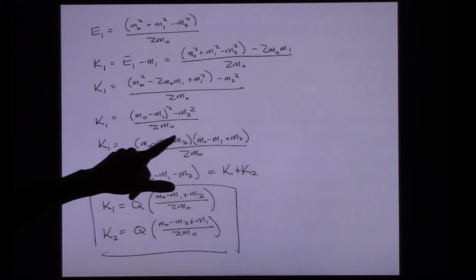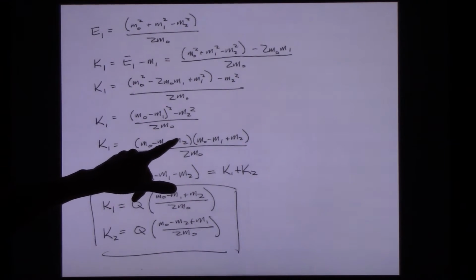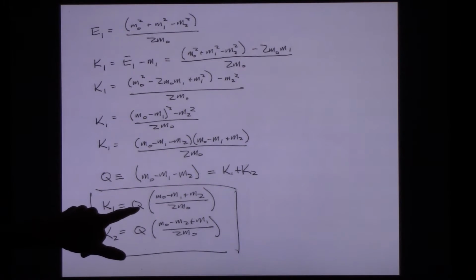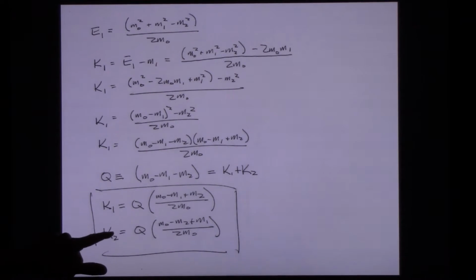So I can substitute the Q into that expression in the numerator, and that says that K1 is equal to the available energy times this expression, and K2 is equal to the total available kinetic energy times this.